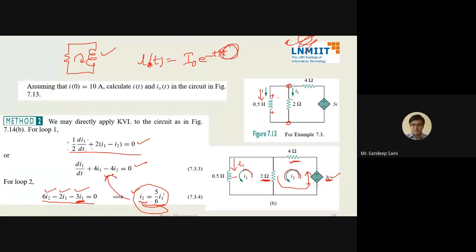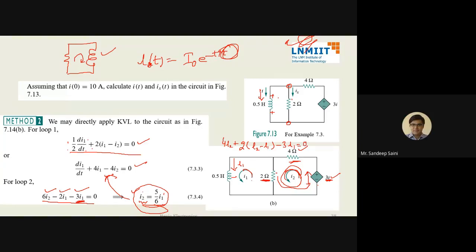Excuse me, sir. Yes. Sir, in loop 2, which loop are you taking, sir? Loop 2 is this one. So the drop is 4 times I2. Sir, how have we written this equation? 6I2 minus 2I1 minus 3I1. Fine. So 4 times I2 plus 2 times I2 minus I1 minus 3I1 equal to 0.